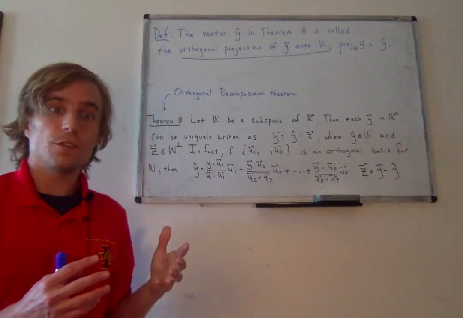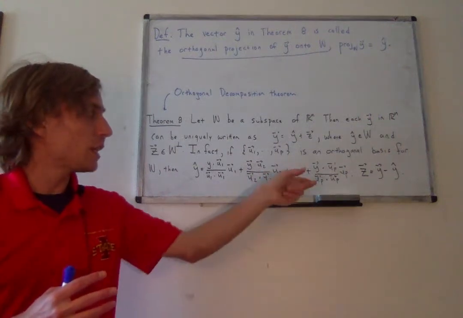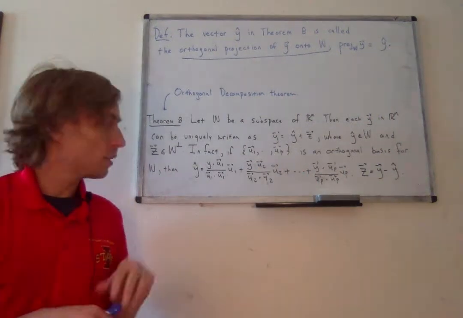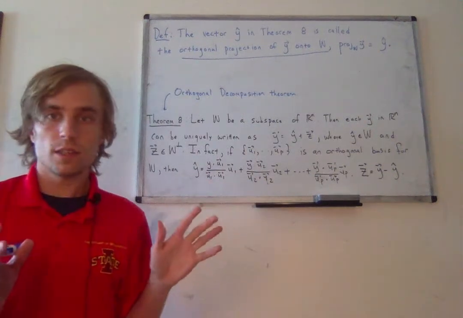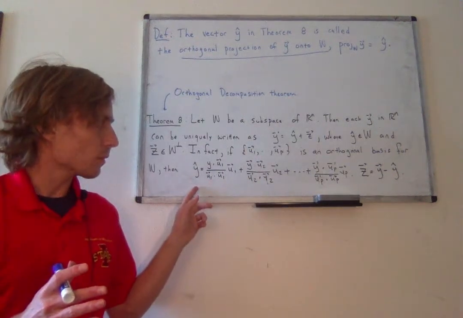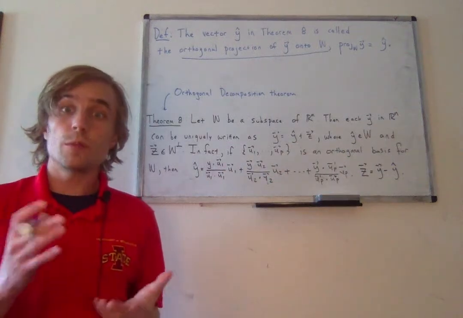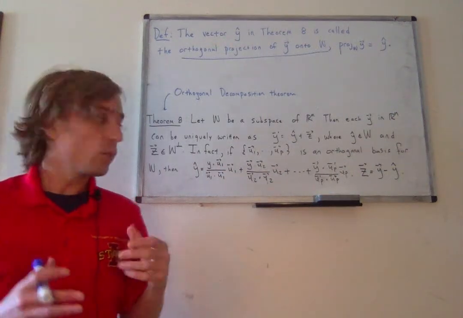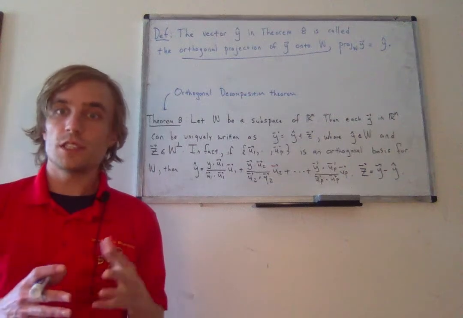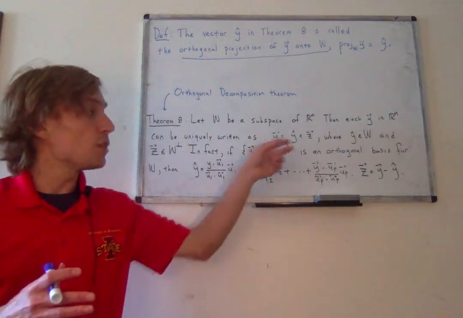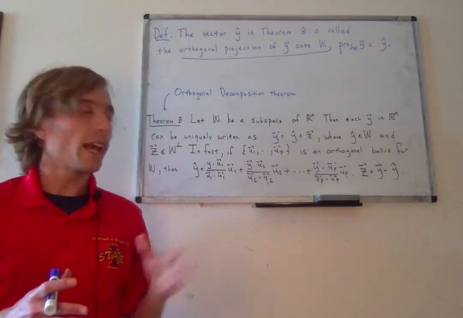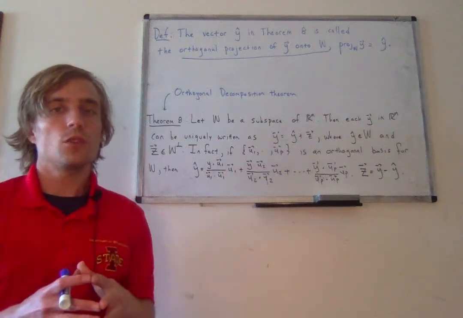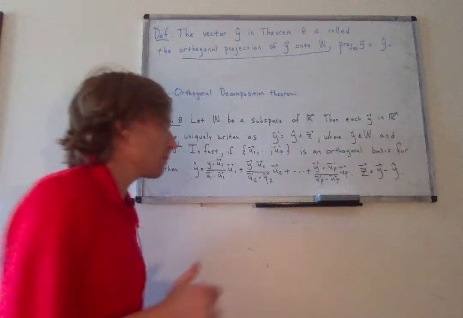Because y hat itself is just a linear combination of the basis vectors u1 through up. Remember that each of these fractions is a scalar, so y hat is contained in w. Z is orthogonal to w, we'll show that. After that, we just want to show that this decomposition is in fact unique. That is, if there was another decomposition that obeyed these properties, in fact, it had to have been this decomposition the whole time. And I'll explain what that means here in a second.